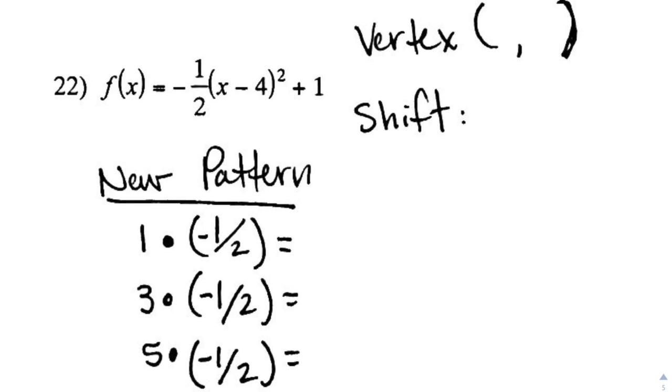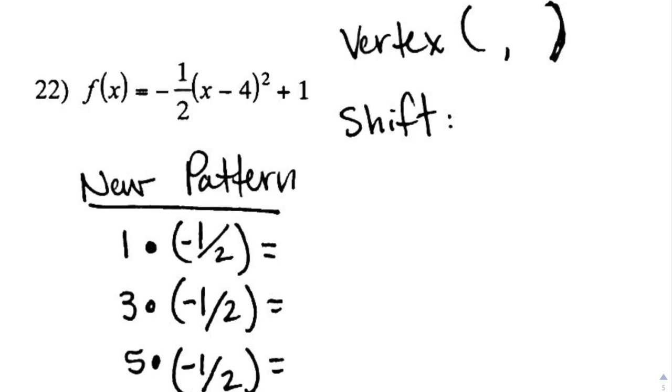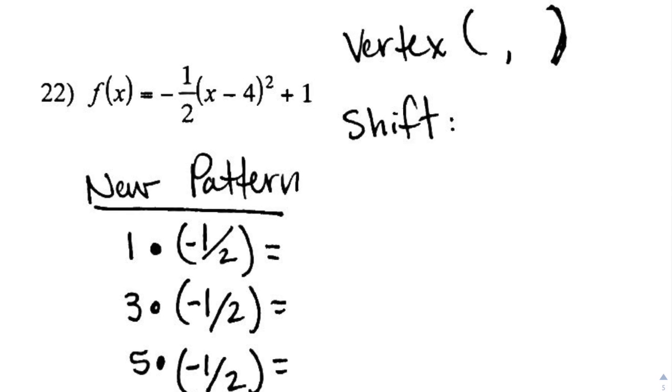We're going to do the same process that we did to start with. First, we're going to get our vertex. So I'm going to label my H and my K. I'm going to write that this shifts it left and right, and this shifts it up and down.